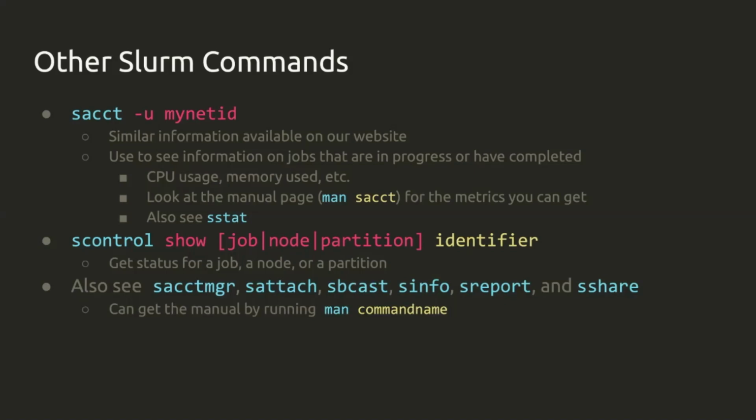So if you're interested in using that to track what's going on, we recommend looking at the manual page. You can run man saccount for the different metrics you can get. It's also very similar to another command called stat. Again, you can look at the manual page for that. They don't tend to be the hot commands that all our researchers use.